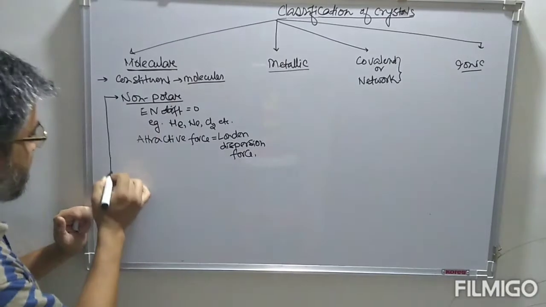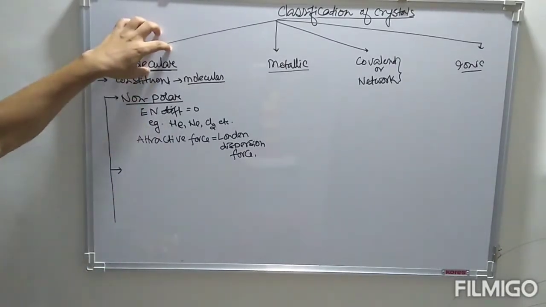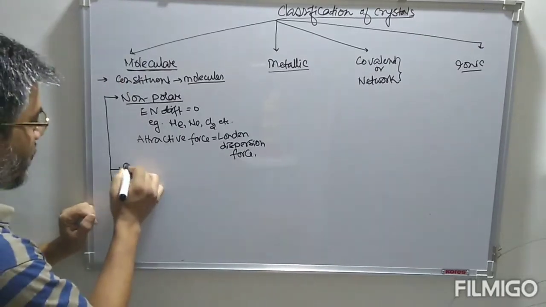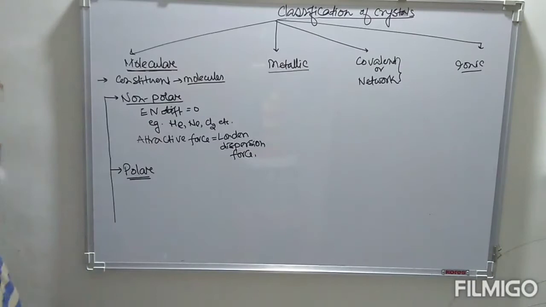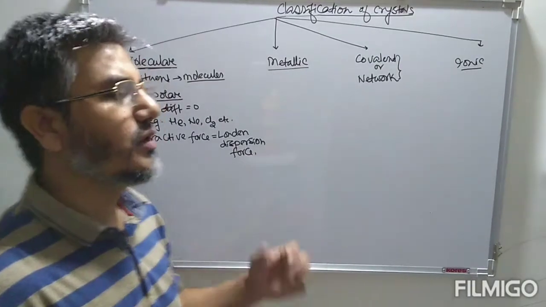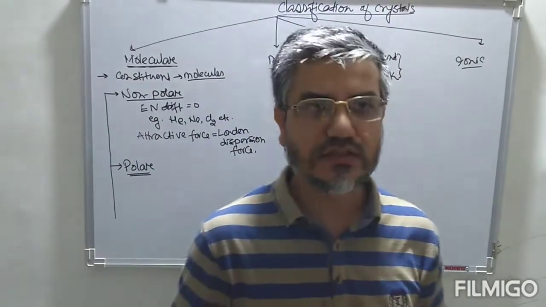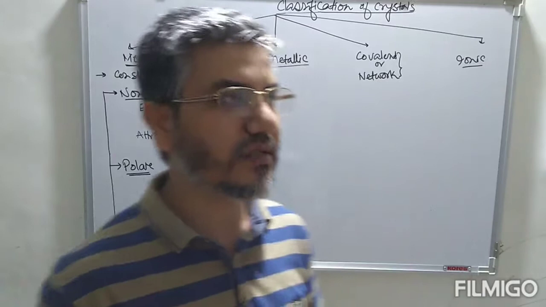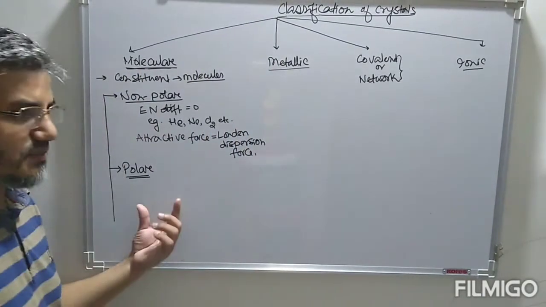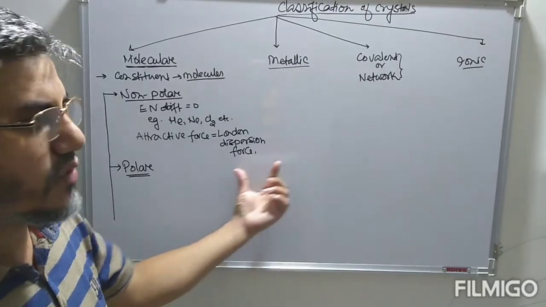Now, second type of molecular crystal is polar compound, polar molecule. Now, when we are using the term polar, the components of the molecule will have difference in electronegativity. That means there is a polarity, positive pole and negative pole developed in the molecule.